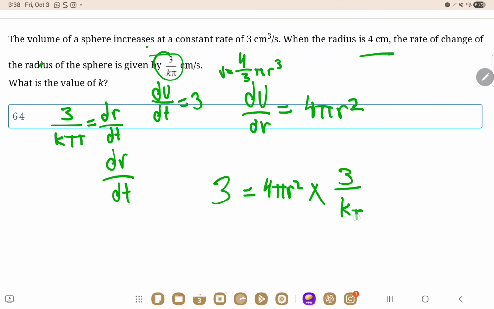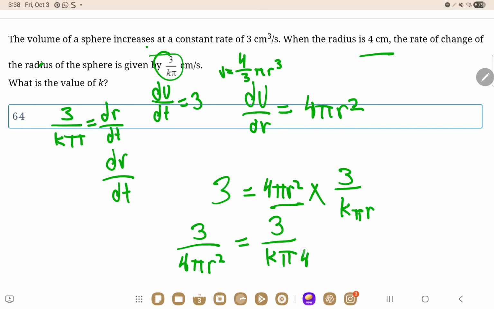Now let's write the equation. We need to move this to one side and leave the thing with k on the other. So it's 3 over 4 pi r squared equals 3 over k pi. Now let's substitute r into these equations.